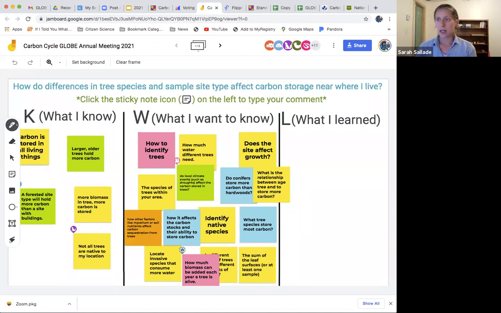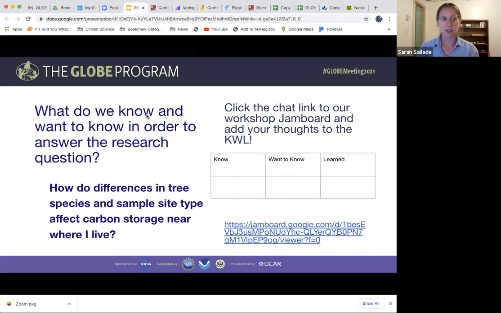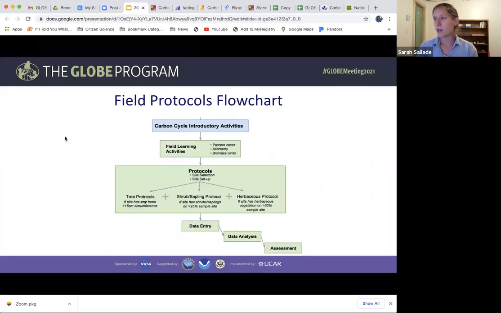So today we're going to focus a bit on narrowing things that are difficult to understand, but still covered in the carbon cycle materials that we've created. So up here on our field protocols flow chart is the carbon cycle introductory activities.